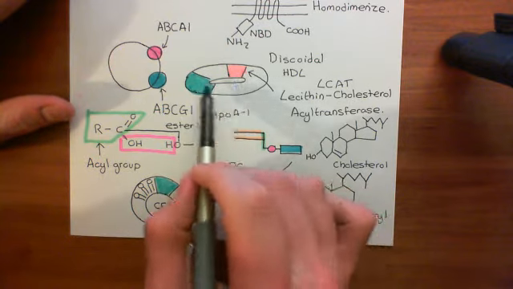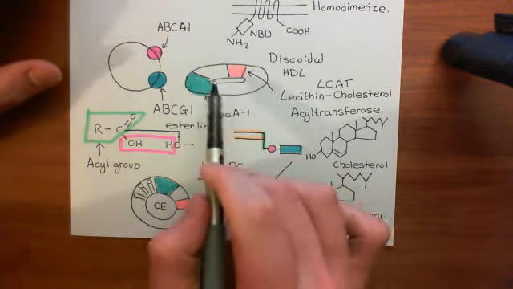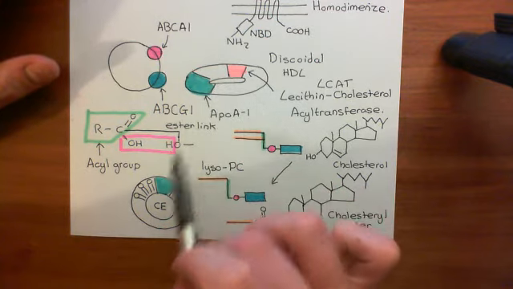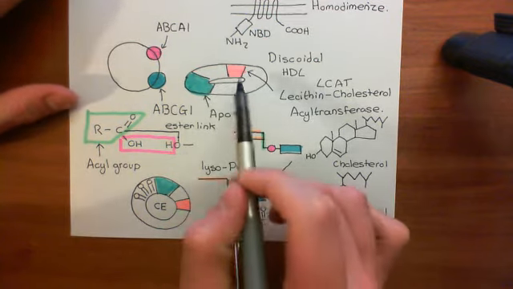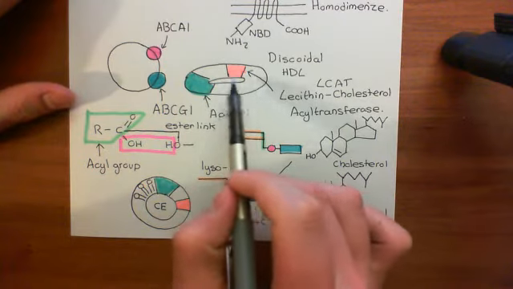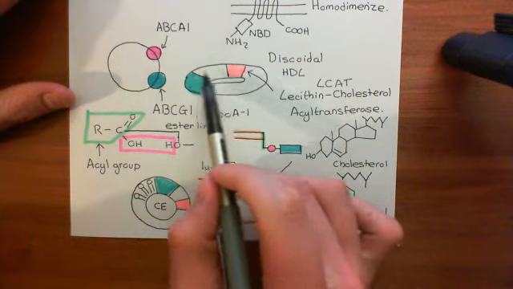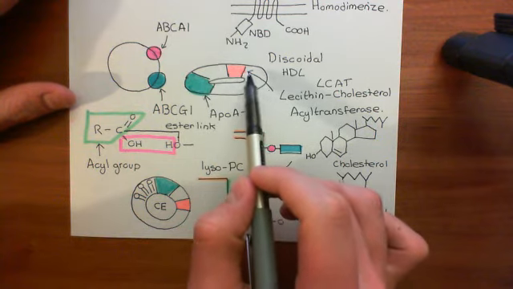Now, that's not good. Well, that's not useless on its own, because how are we going to turn this into a spherical HDL when we haven't got anything to put in the core, basically, because both the lecithin molecules and the cholesterol molecules will go in the phospholipid monolayer, okay?